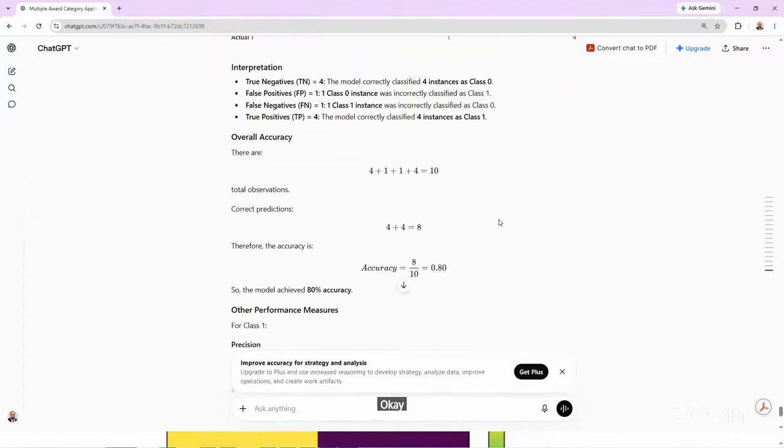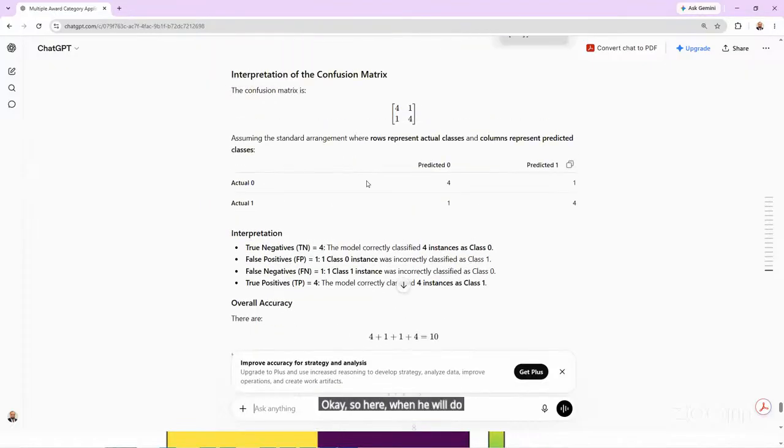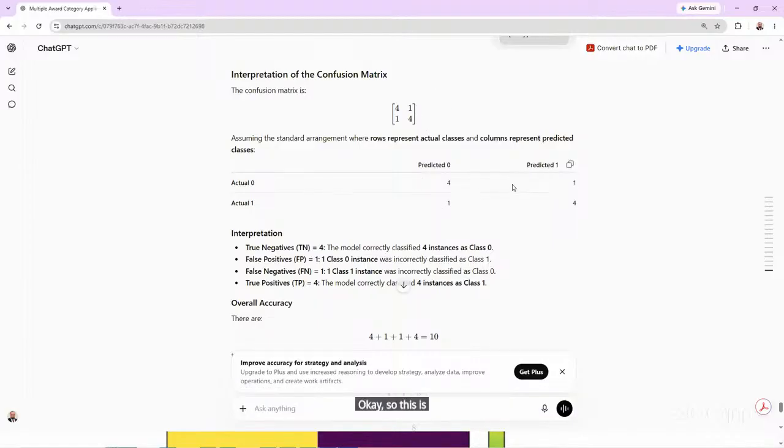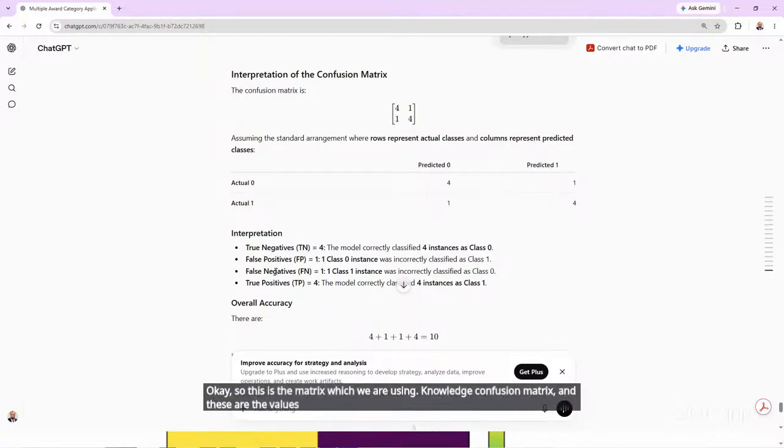When you do all the calculations which you are required to do, in the very beginning, when you integrate this with your model, how are we doing it? The actual and predicted values are all there. This is the matrix we are using, known as the confusion matrix, and these are the values: true negative, false positive, false negative, etc.